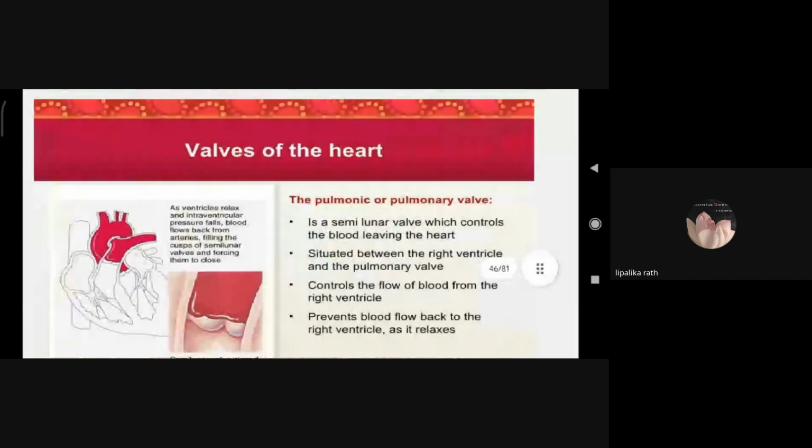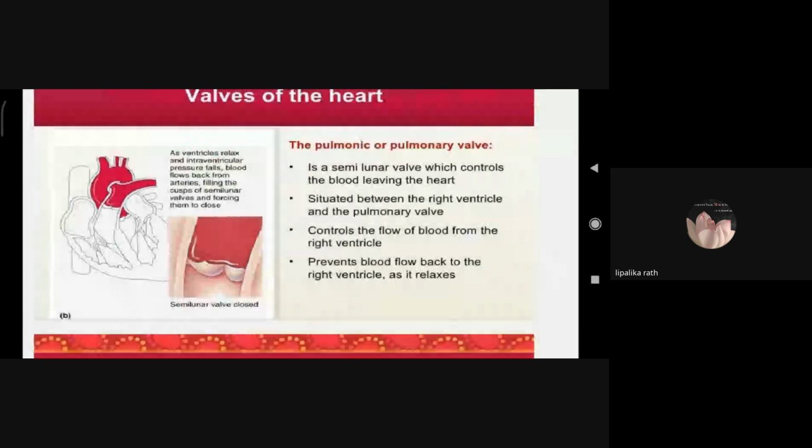Next, the pulmonic or pulmonary valve is a semilunar valve which controls the blood leaving the heart. Okay, it is situated between right ventricle and pulmonary artery.